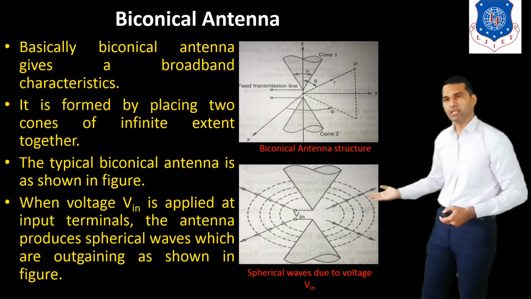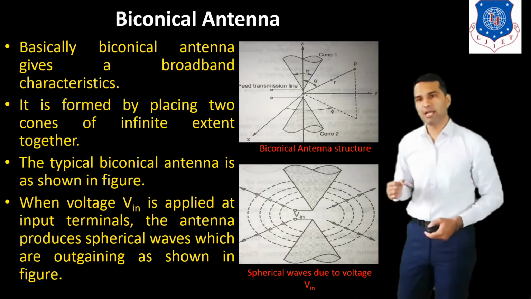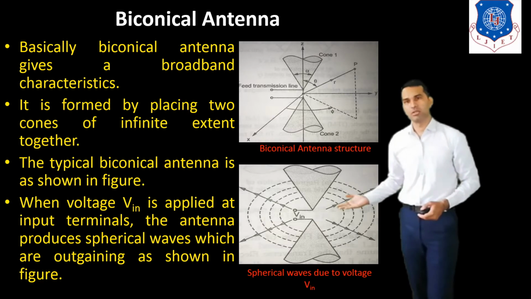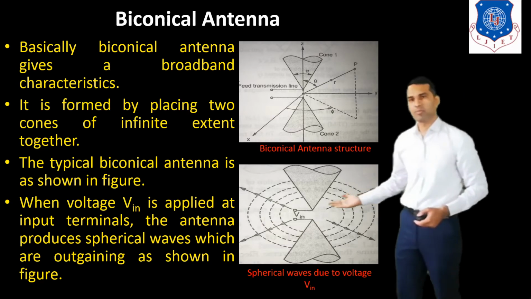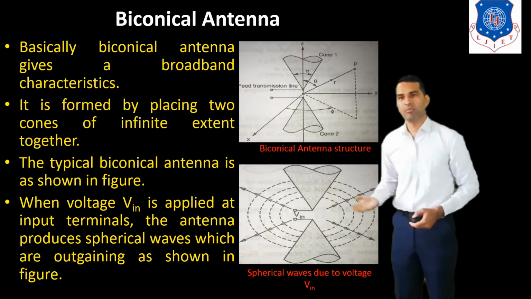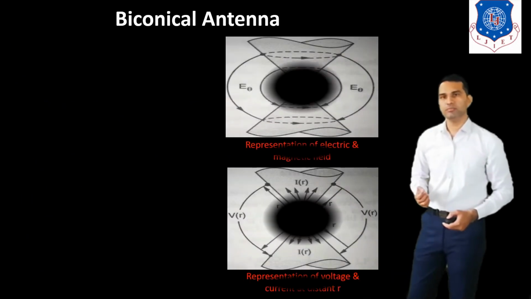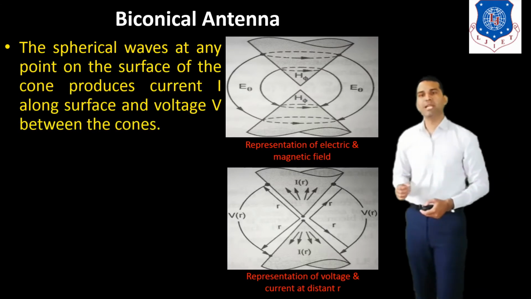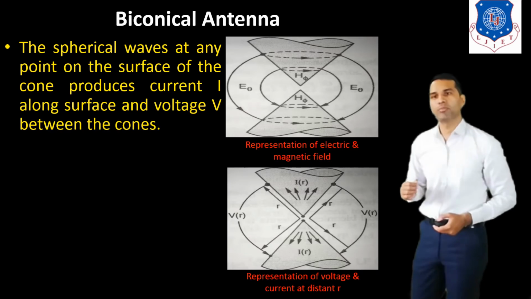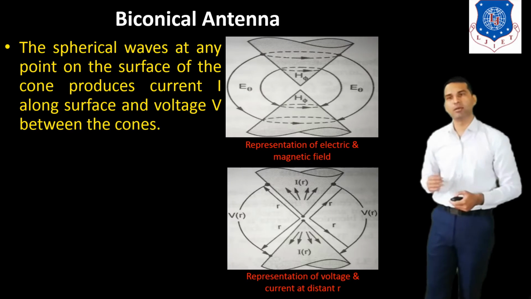When voltage Vin is applied at the input terminal, the antenna produces outgoing spherical waves, as shown in this figure. So here we give the voltage supply Vin as a feeding, and we get this spherical wave on the outside of the antenna. The spherical wave at any point on the surface of the cone produces a current I along the surface and a voltage V between the cones.